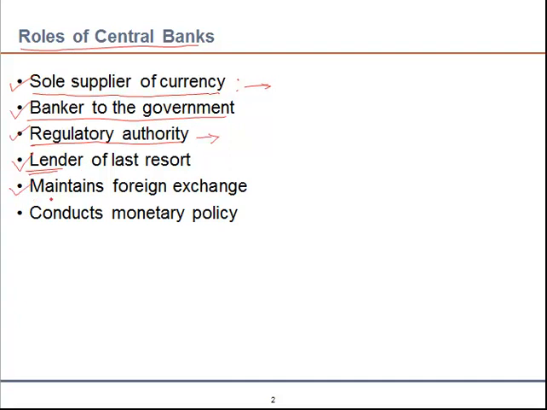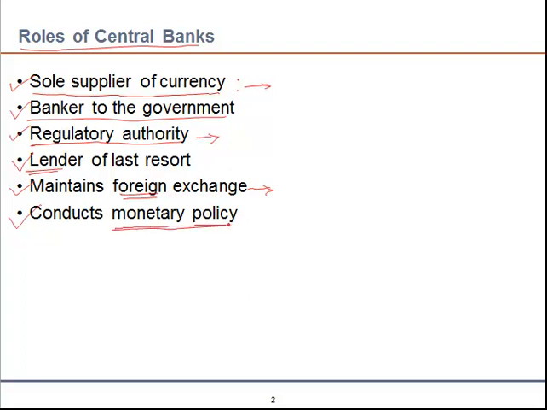Fifth one is that it maintains the foreign exchange. This is an important role because appreciation or depreciation in the currency would result in a reduction or increase in the GDP based on the increase or decrease of net exports. Then the last one is that it conducts monetary policy.